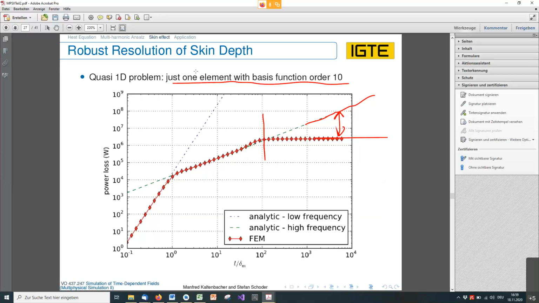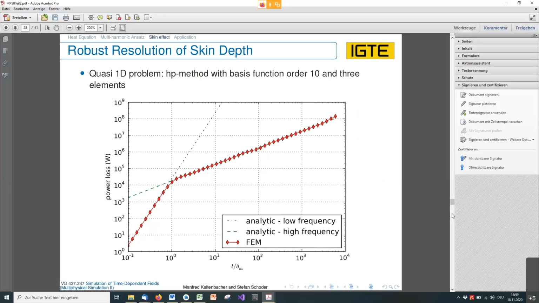We did one element. If we now increase the number of elements, as I said before, we do HP refinement, and we now use 3 elements, then we see, okay, finite element goes well over the whole frequency range.